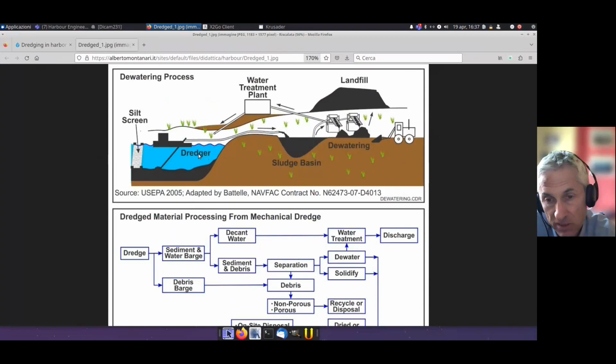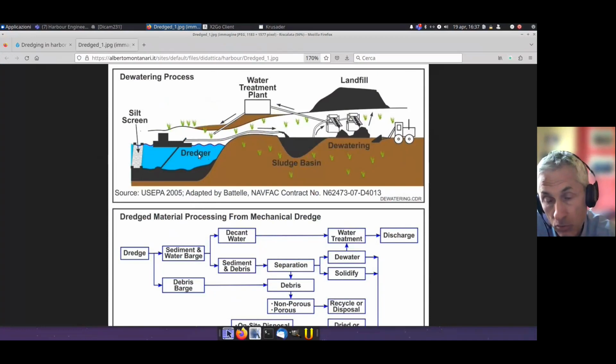And from the sludge basin, there is the subsequent extraction of sediments after the partial settlement. So there is in the sludge basin a first separation of sediments from water, and then they bring the sediment over the land.